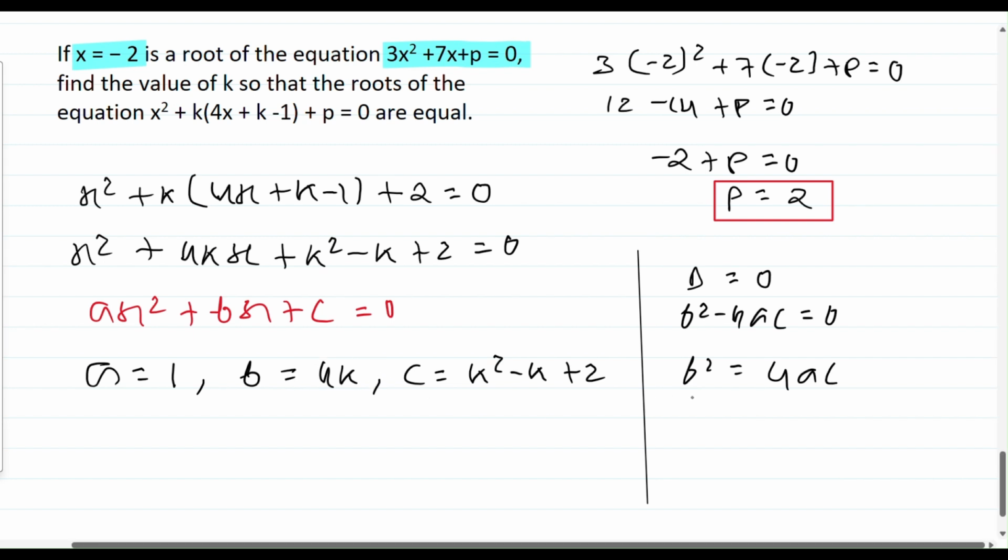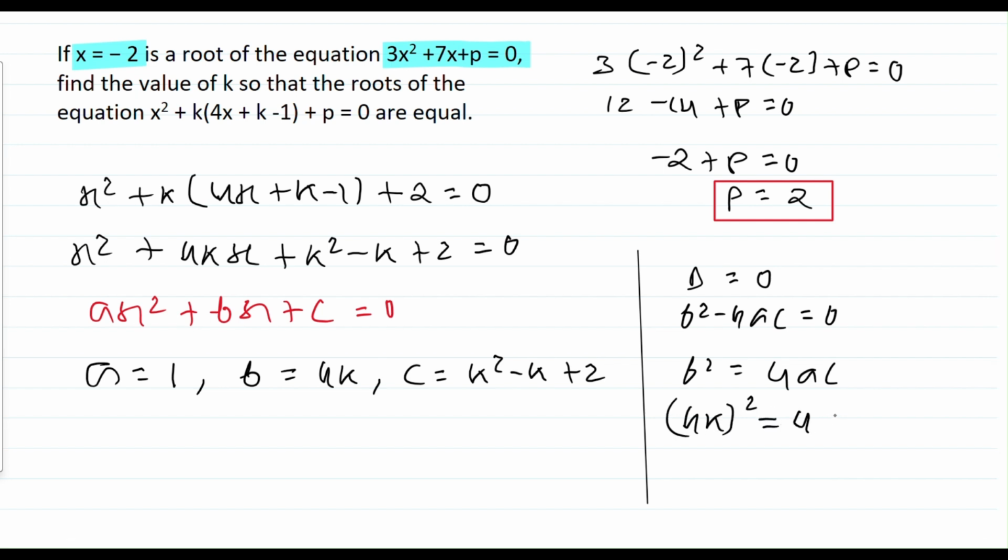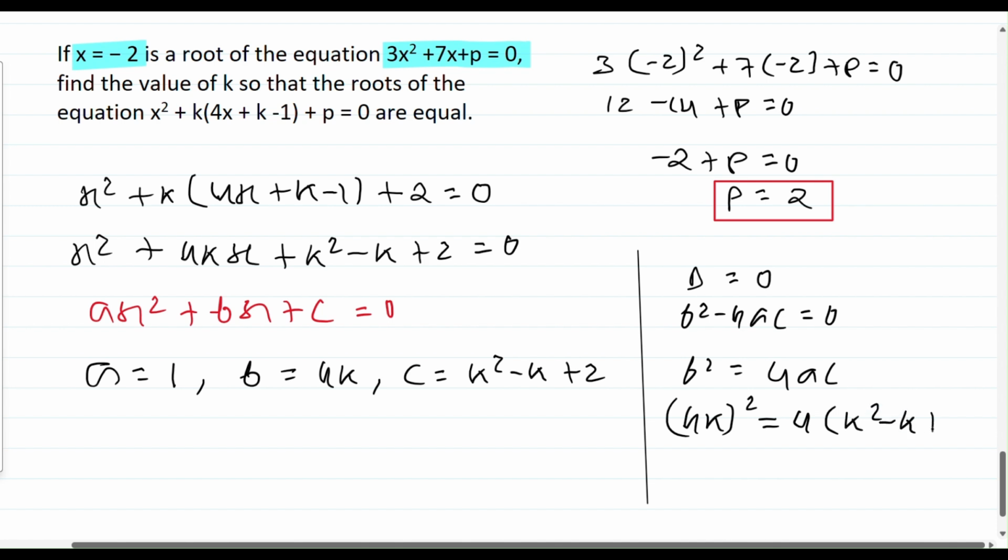Now what is b? B is 4 times k. So I should write this as (4k) square equals 4 times ac. A is 1 and c is k square minus k plus 2. 4k square is 16, right? So this is 16 times k square. I will not distribute this 4.